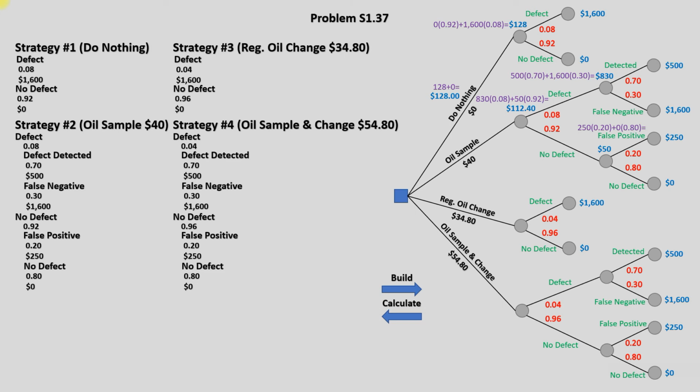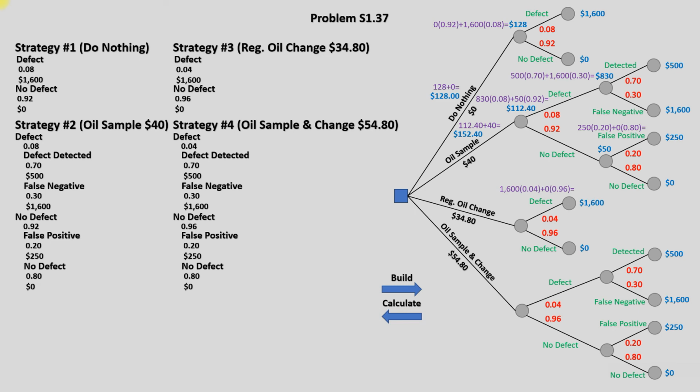So how much will strategy 2 cost us for each vehicle? Well, we're going to take the $112.40 and add in the $40 upfront cost for the sample. We're going to get $152.40.